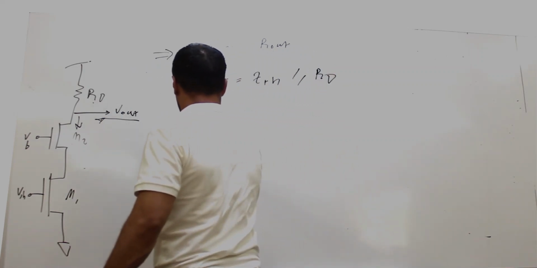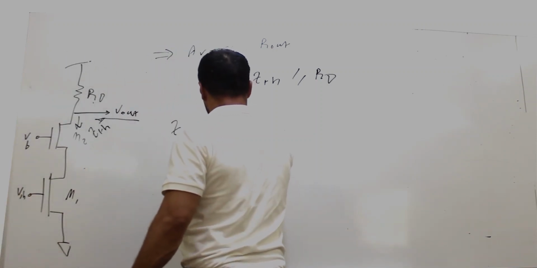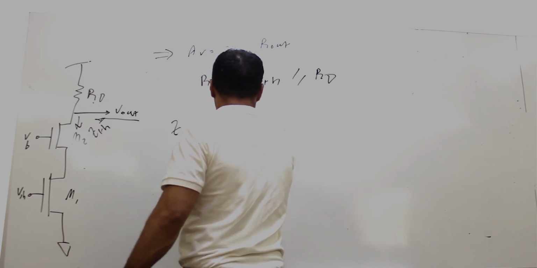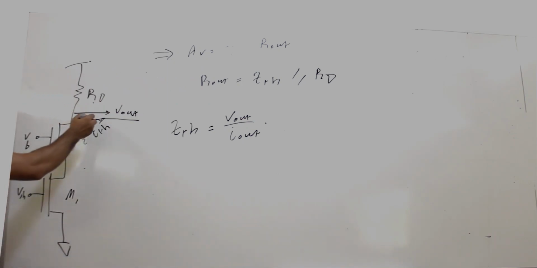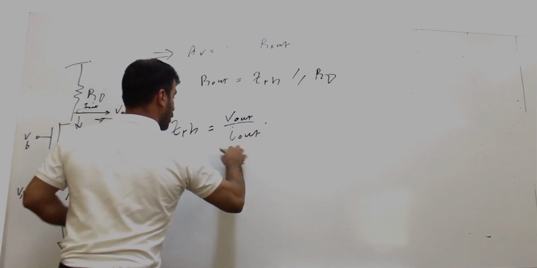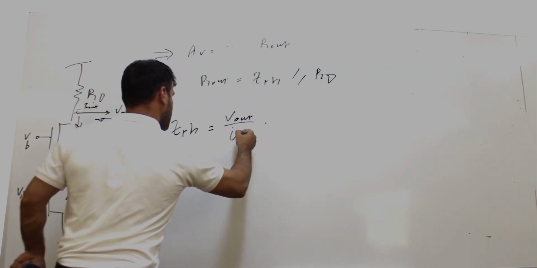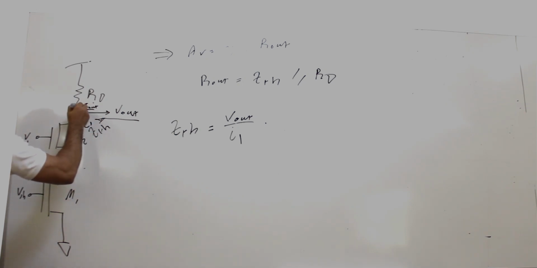Now, Z Thevenin here equals V output over I output, right? If we assume that I output is going completely here, so as not to confuse you, this is I1, which is the total I out.